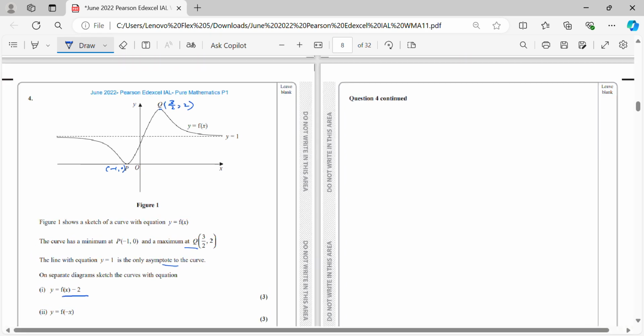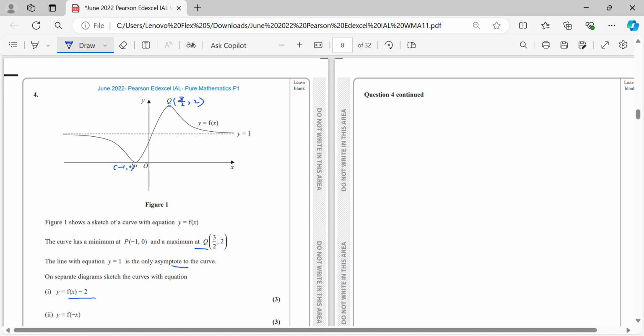This is the actual diagram on the left hand side. Okay, from this diagram I'm gonna sketch here. Okay, so this is x-axis and this is y-axis, because I need to shift 2 units down.